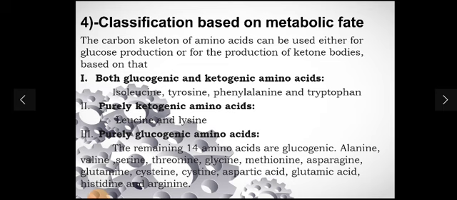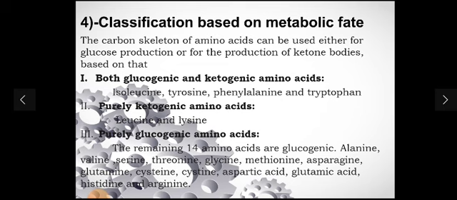When the amino acid is broken down to ketone, we say they are ketogenic, and when they are broken down to glucose, we say that they are glucogenic.